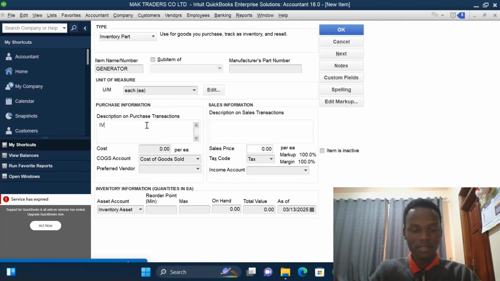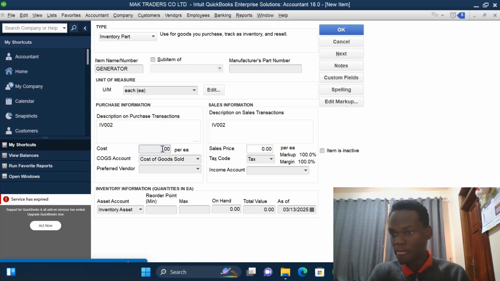The description is IV002. The generator costs 2,700,000 and the sales price is 3,500,000.